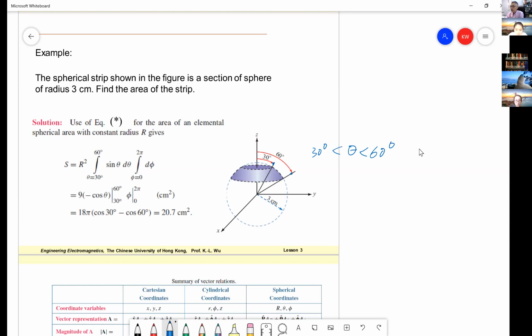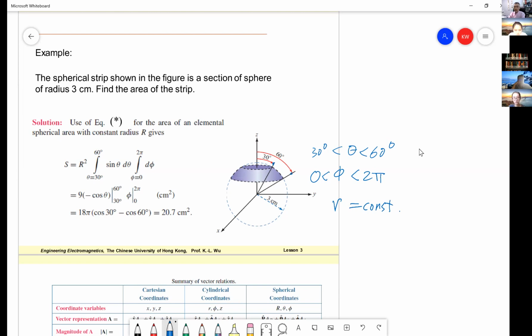And phi is defined from 0 to 2 pi, all right? And r is a constant. Let's find the total area.